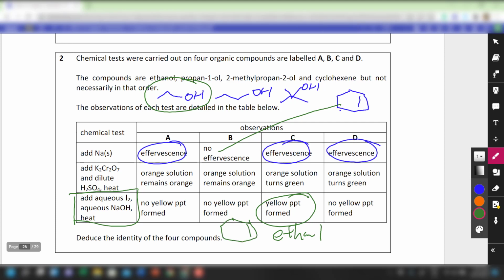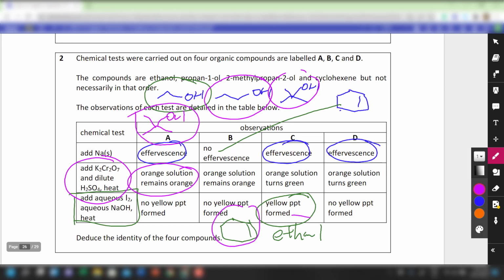So I'll just draw it out. And then I'll look at acidified potassium dichromate, heated. You notice that only the remaining primary alcohol can be oxidized, tertiary alcohol cannot be oxidized, so it remains orange. So A must be the tertiary alcohol. So this is A. And then B I've identified, C, and then of course D will be propan-1-ol.